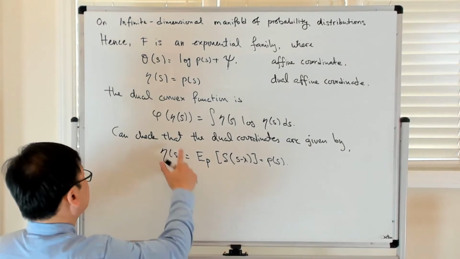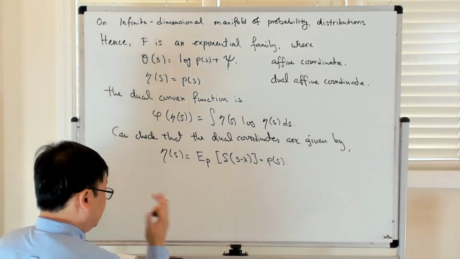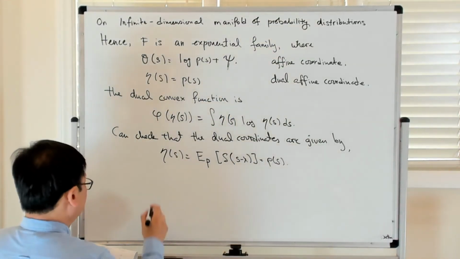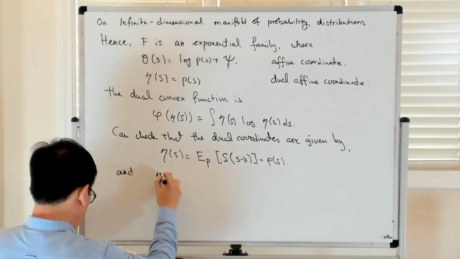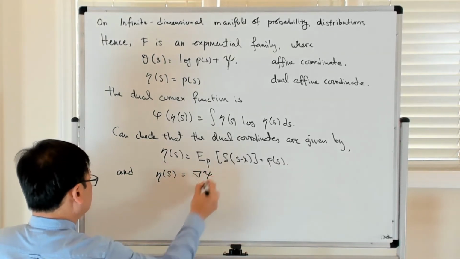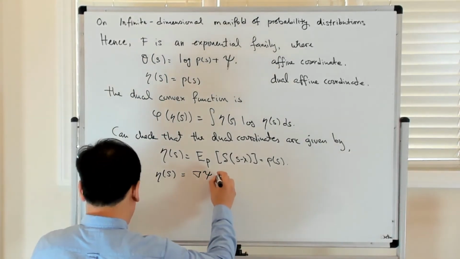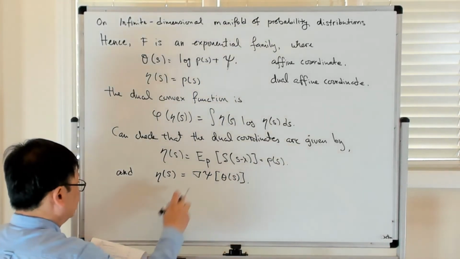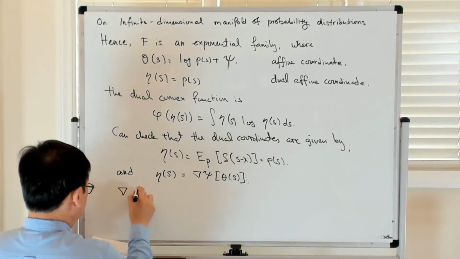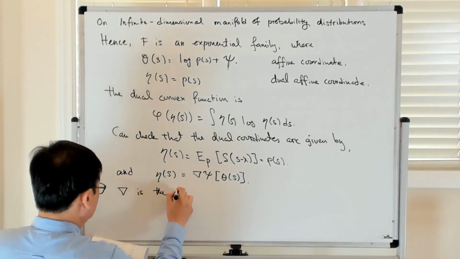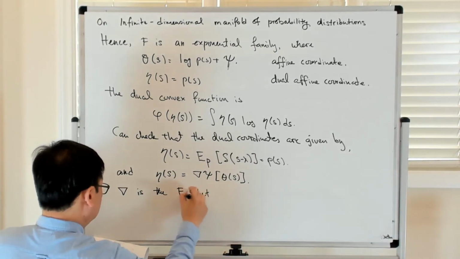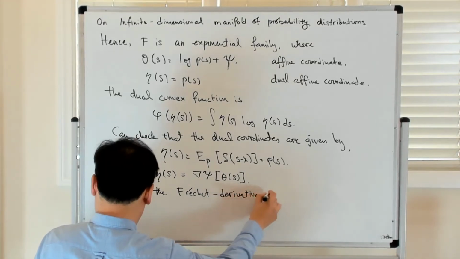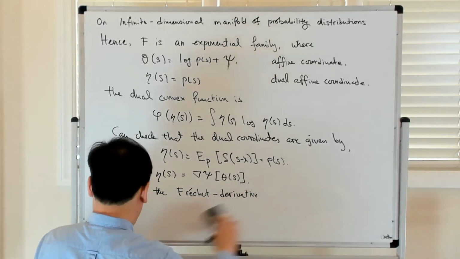And this can be expressed in terms of the Legendre transform of this normalization factor, so gradient of phi evaluated at theta s. And one has to be a little bit careful about this. So this nabla is the Fréchet derivative with respect to theta.